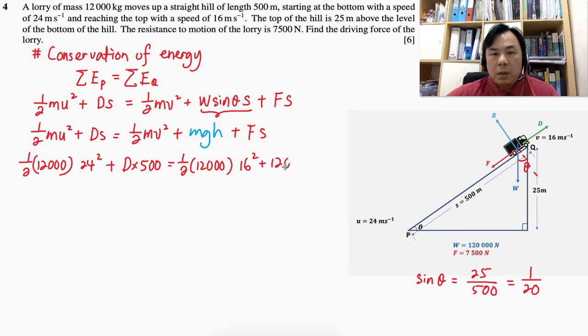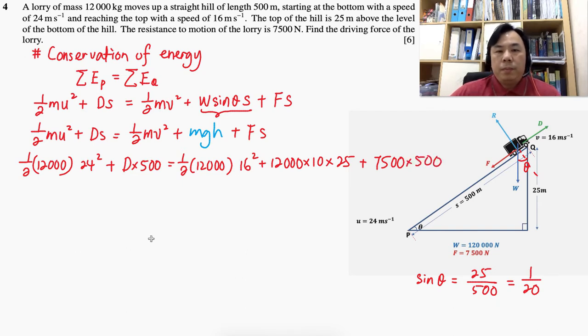And then you have g, which is 10, and the height reached is 25 here, right? And lastly, I will need to include the resistive force, which is 7,500 by 500 here. Okay, so you can see this is what is going on here.